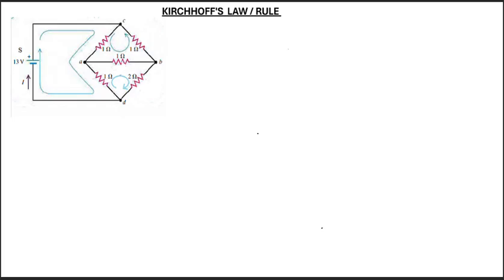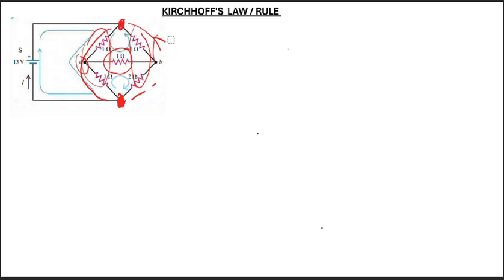For instance, if I hold on to this place and I hold onto this place, then everything here will be in series, and everything here will be in series. Then here and here I can resolve it in parallel. But the one at the middle, will you add it to this in series or in parallel, or add it to this in series or in parallel? That's where it becomes complex.